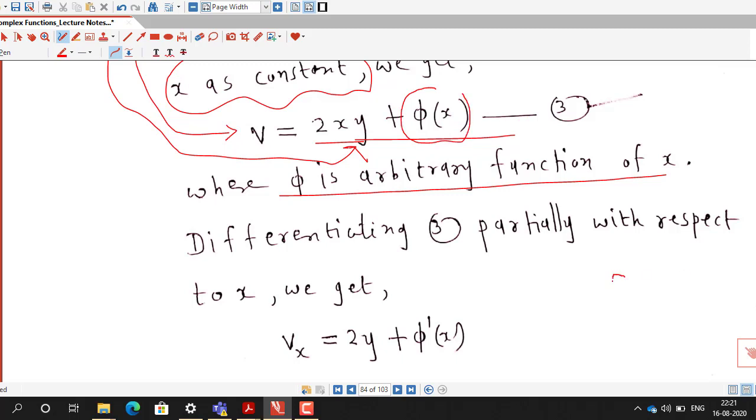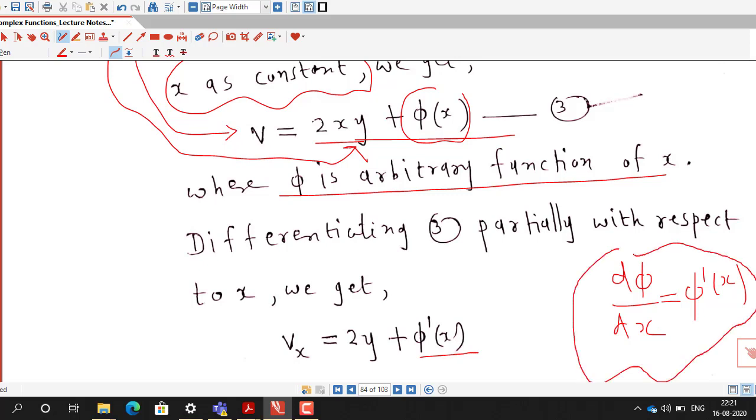So we have d phi by dx. Derivative of phi with respect to x is ordinary derivative, and it is also denoted by phi dash x. So here we have written phi dash x. So phi dash x is nothing but d phi by dx.